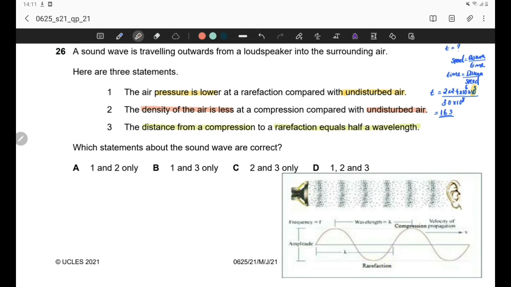A sound wave consists of compressions, the spaces where the particles of the air are compressed together. That is known as compressions. When you look at the picture, you can see some places where the particles are closer together, and these places are known as compressions.